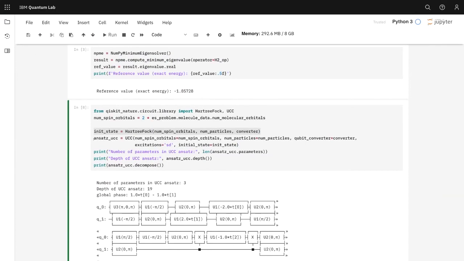And then after we construct the initial Hartree-Fock state, we can generate our unitary coupled cluster ansatz, where we again pass the number of spin orbitals, number of electrons, our parity mapper, and here, with the excitations parameter, we can set the truncation level.